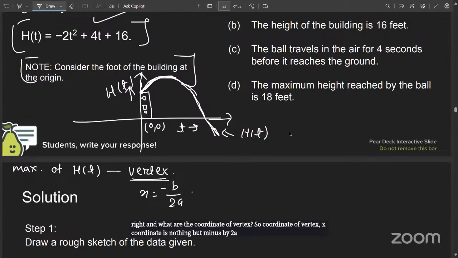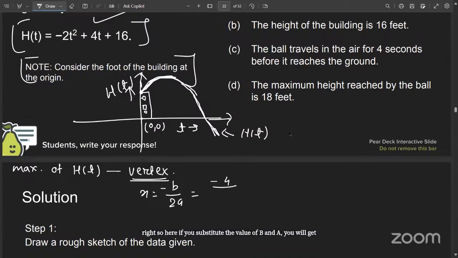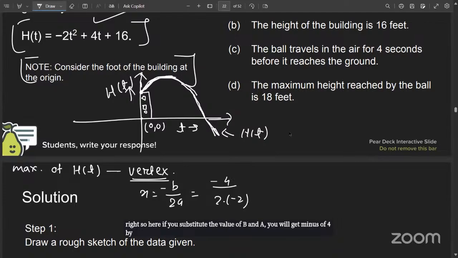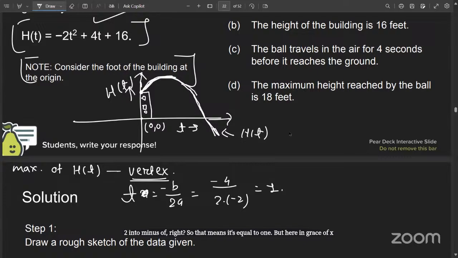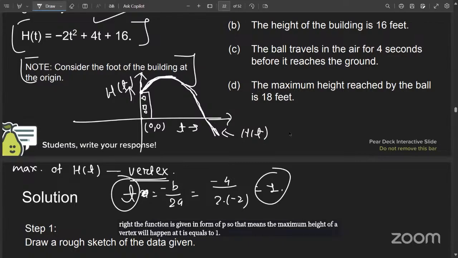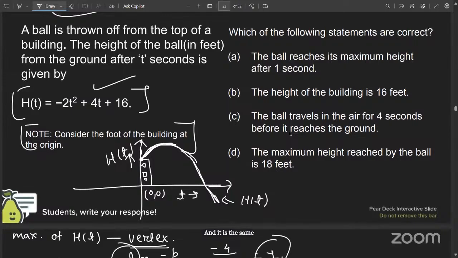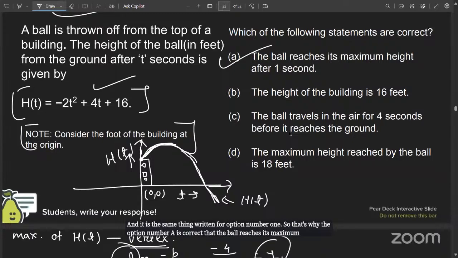So if you substitute the values of b and a, you get minus of 4 by 2 times minus 2, so that is equal to 1. But here in place of x, I have t, because the function is given in terms of t. So the maximum height will happen at t equals 1, and it is the same thing written for option number 1. That's why option A is correct: the ball reaches its maximum height after 1 second.